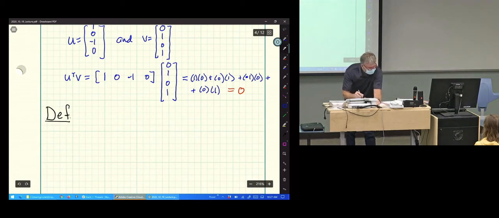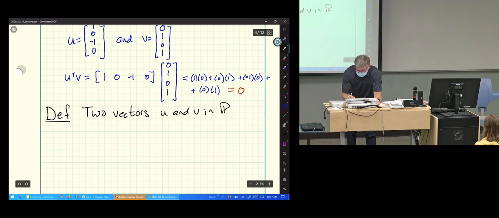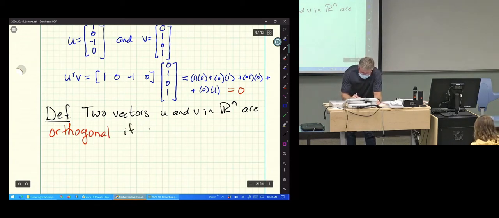So, definition. Two vectors u and v in R^n are orthogonal if their dot product is equal to 0.